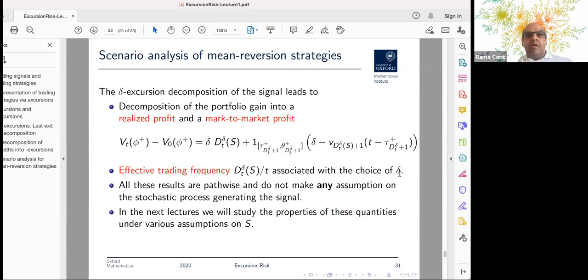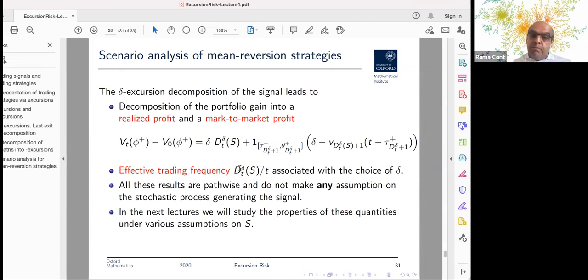Can you maximize your realized profit by choosing it smaller, larger? In particular, many of these strategies are applied intraday, so theoretically you could take very small deltas, leading to very high frequencies. What's the correspondence between the threshold delta and the frequency? This is the correspondence: the effective trading frequency is d delta divided by t.